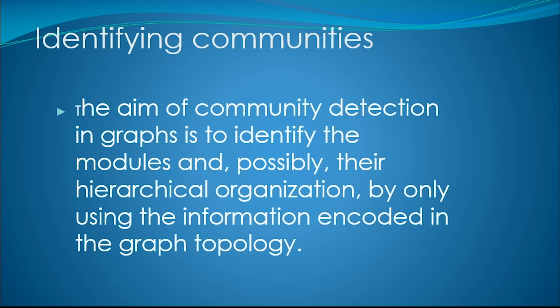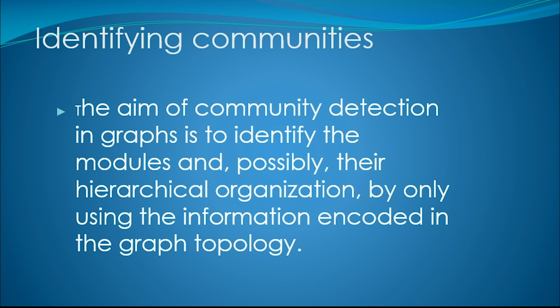Again, another thing is identifying communities. In any network, for example in a social network, people will be organized into communities. They will be contacting each other more, etc. We have seen in that karate club network, there are basically two communities.